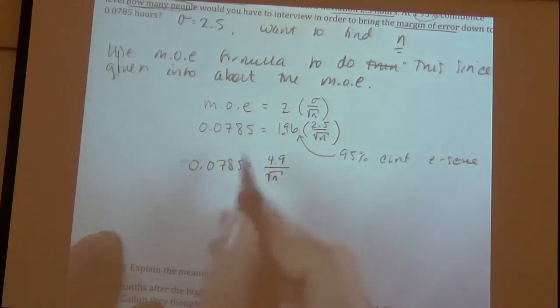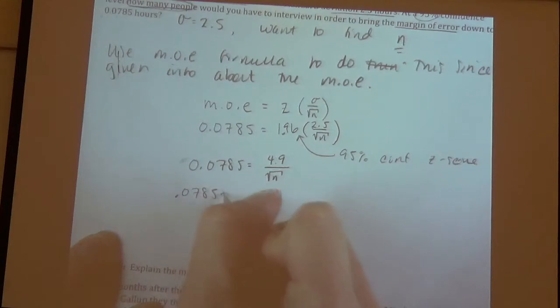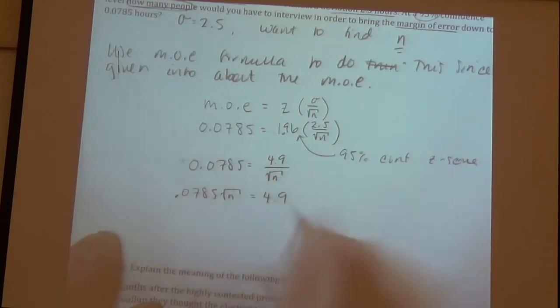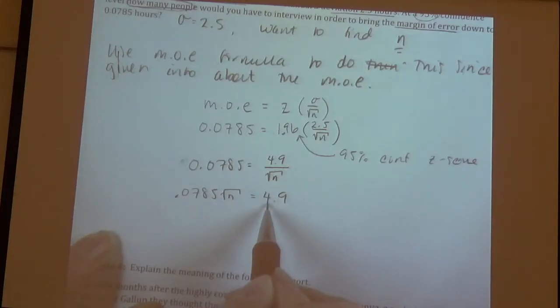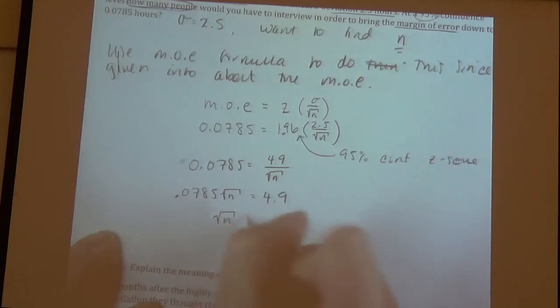I'm going to multiply root n over to the other side, so I get 0.0785 times root n equals 4.9. Now I'm going to divide 4.9 by 0.0785 to get root n equals 62.42. Squaring both sides, we would get n equals approximately 3,896 people.